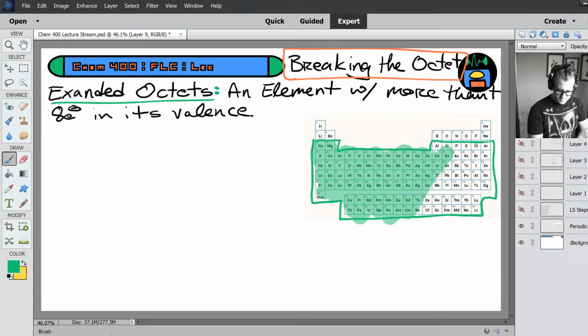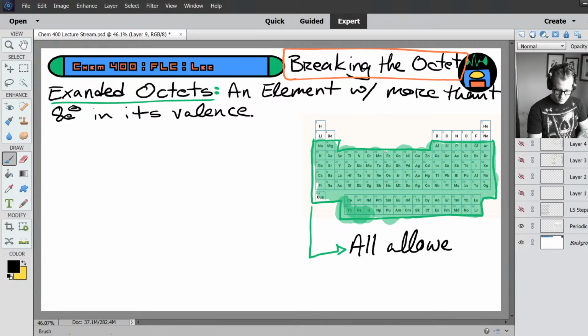All of these elements are allowed to have an expanded octet. These elements right here are all allowed to break the octet rule.